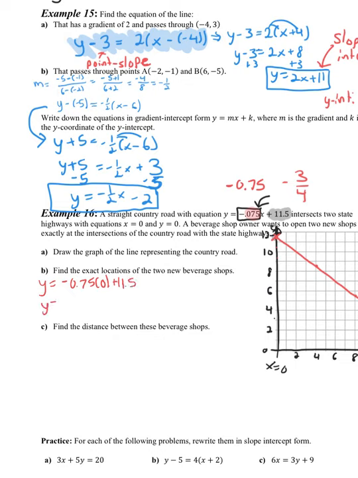So it's going to be at y equals 11.5, or at the point 0 comma 11.5. That's the first one. The second one, you'd set y equal to 0, and you subtract 11.5 from both sides.